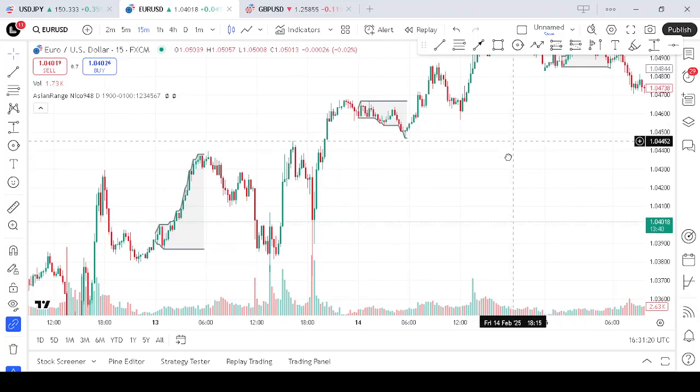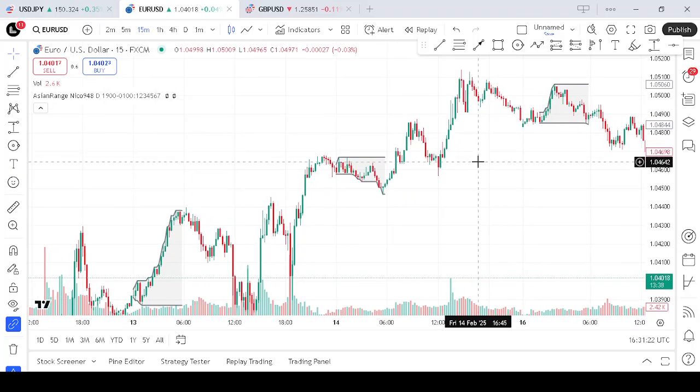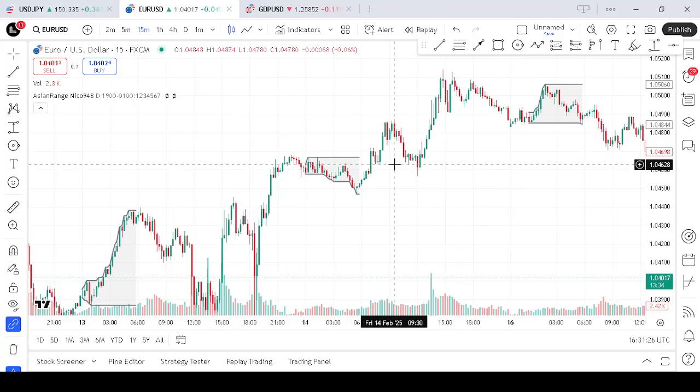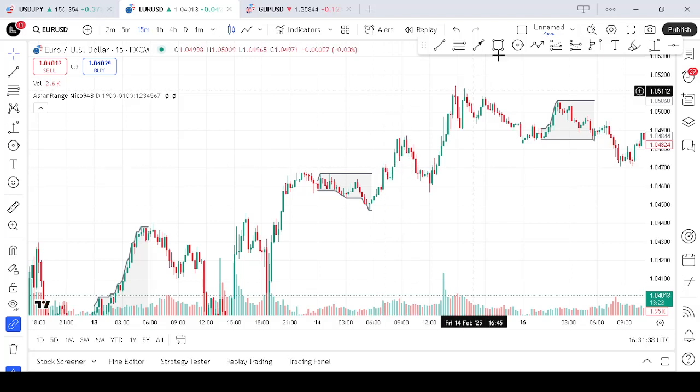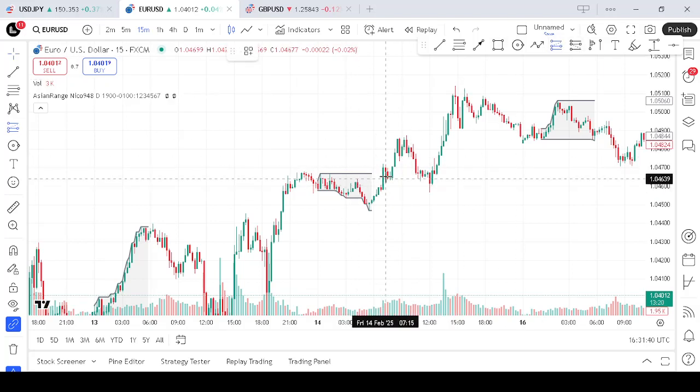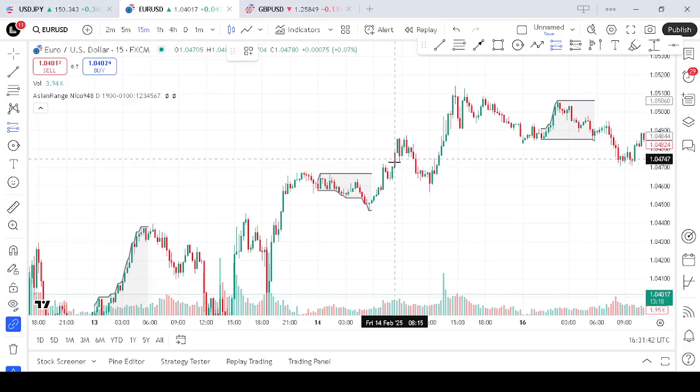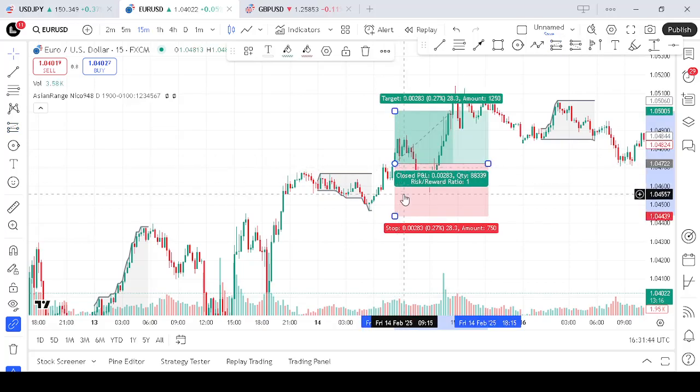After we see a strong momentum candle of minimum 10 to 20 pips, we enter when price breaks the high or low of the momentum candle. Once price breaks the high or low of the momentum candle, as you can see in this example, price broke the high, we enter our trade.